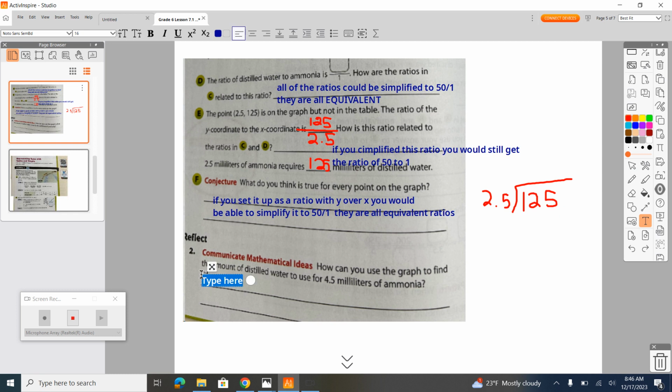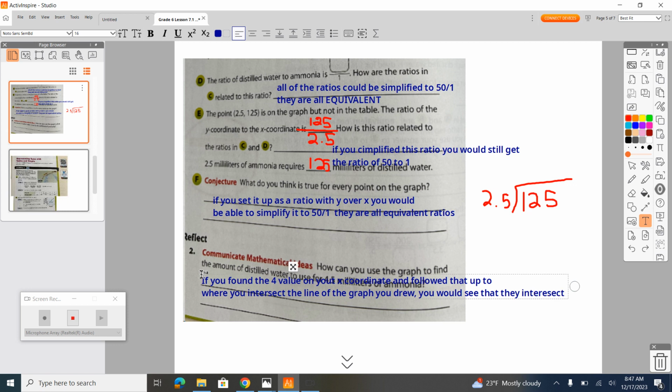If you found the 4 value on your x coordinate and followed that up to where you intersect the line of the graph you drew, you would see that they intersect at a little less than 250.